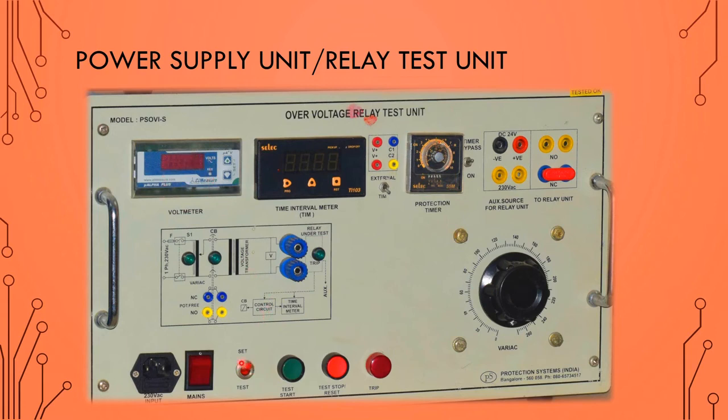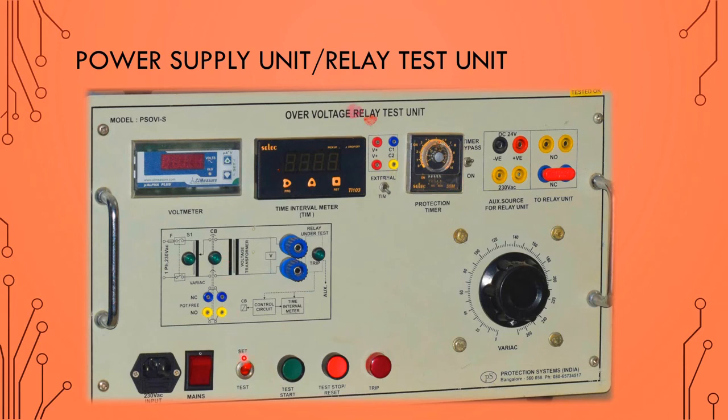In set mode, we have to set the voltage by varying the variac to some desired fault voltage. After that, we turn off the circuit breaker, change the position to test, and turn on the circuit breaker again. In test mode, when we turn on the circuit breaker, whatever fault voltage goes to the relay, the relay will give the trip signal, and that will come to the circuit breaker, so the circuit breaker will trip.